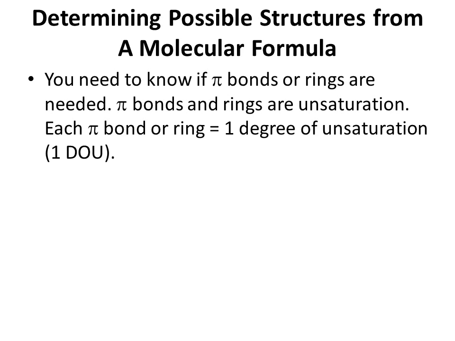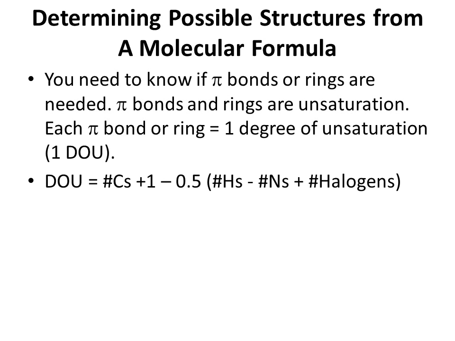So DOU equals the number of carbons in the formula plus 1 minus a half, or 0.5, times parentheses the number of hydrogens minus the number of nitrogens plus the number of halogens end parentheses. And halogens are fluorine, chlorine, bromine, or iodine. So let's see.